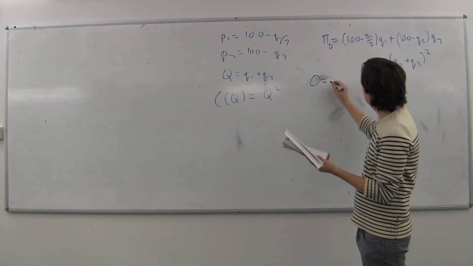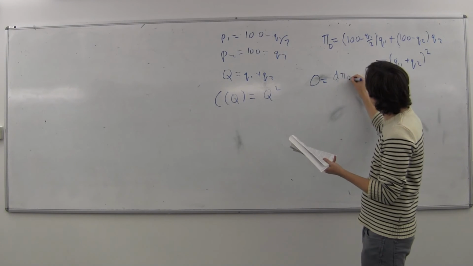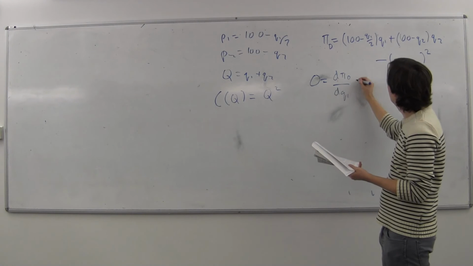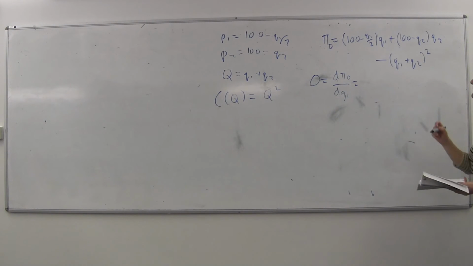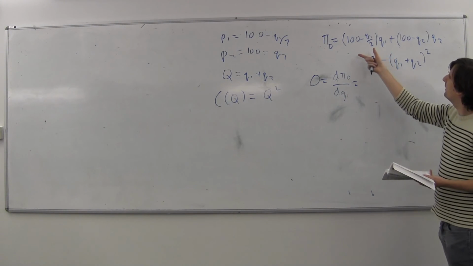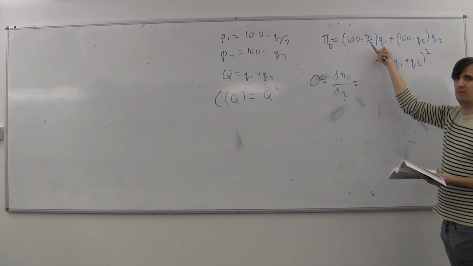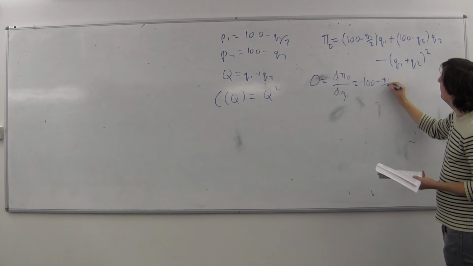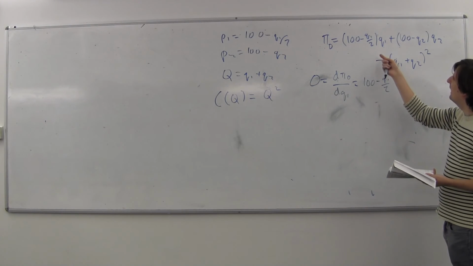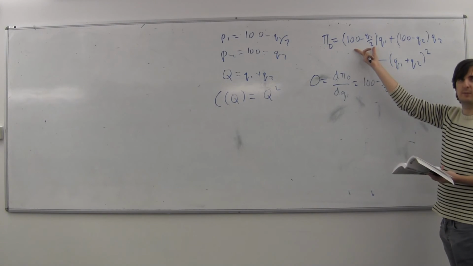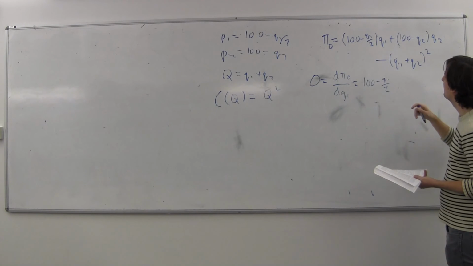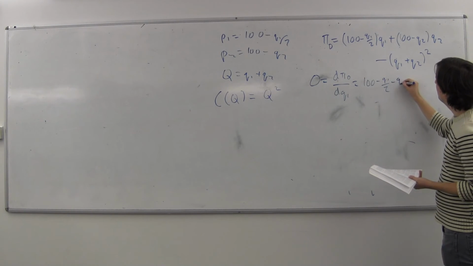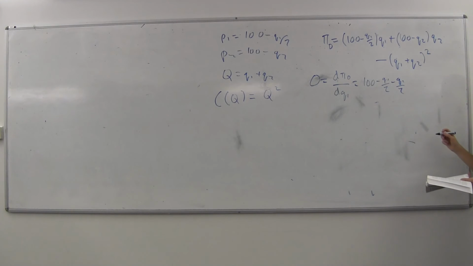So first order condition, d pi d dq1. We get this times the derivative of that. The derivative of that is just 1, so 100 minus Q1 over 2. And then we have the derivative of this, which is minus a half times Q1. So then we have another minus Q1 over 2.